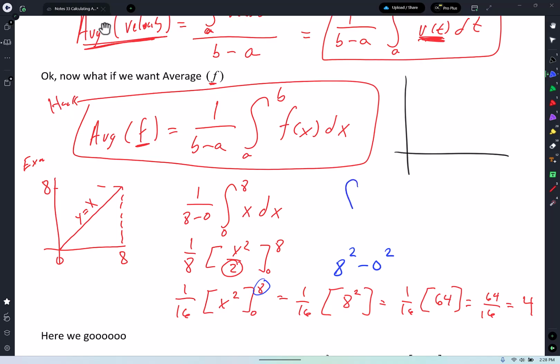That's what integral means. The integral of F prime of x dx from a to b is f of b minus f of a. So I did the antiderivative of x squared over 2. And then I just did upper minus lower. F of 8 minus f of 0.